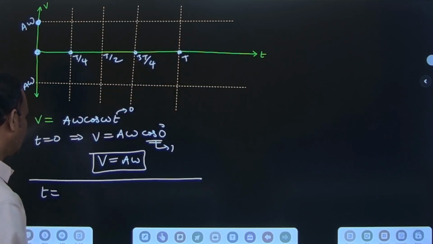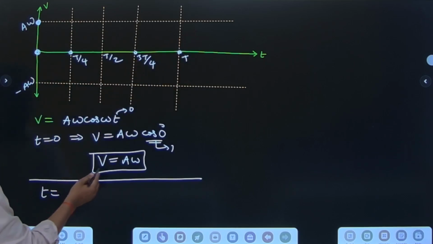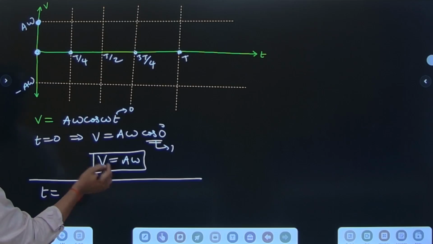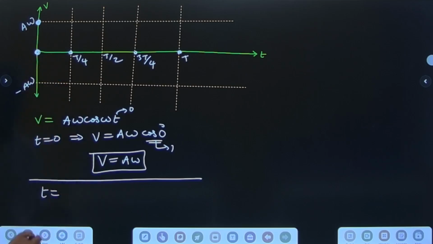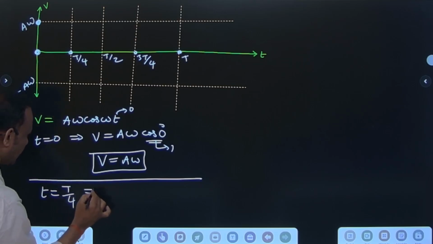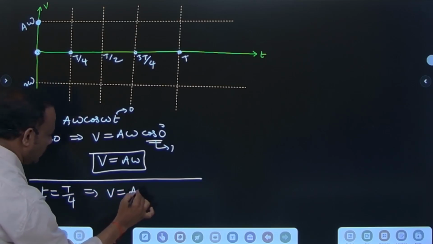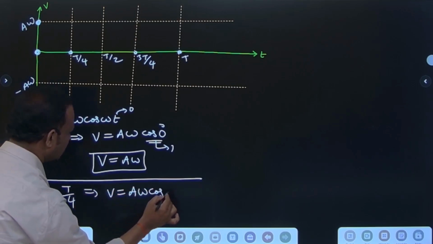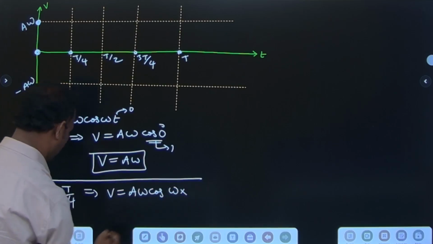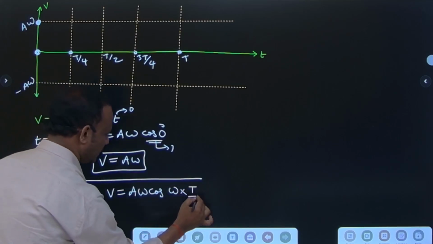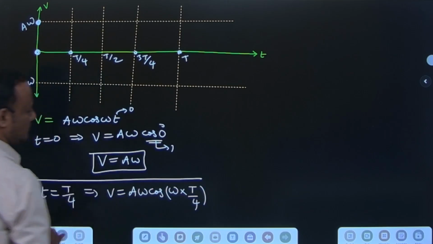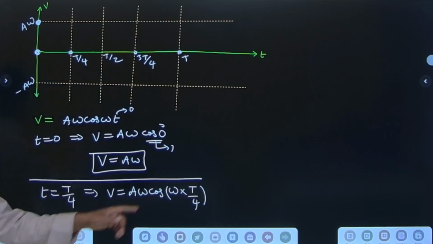For the cos function, at t equal to 0, V is equal to A omega. Here it is at this position. And next one at t equal to T by 4. V is equal to A omega cos omega times T by 4, cos omega t.